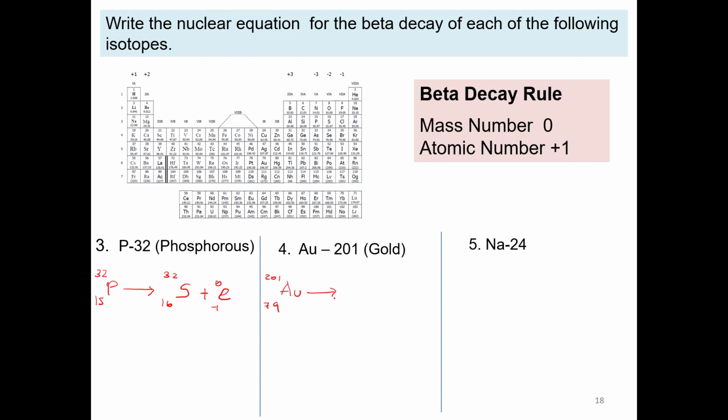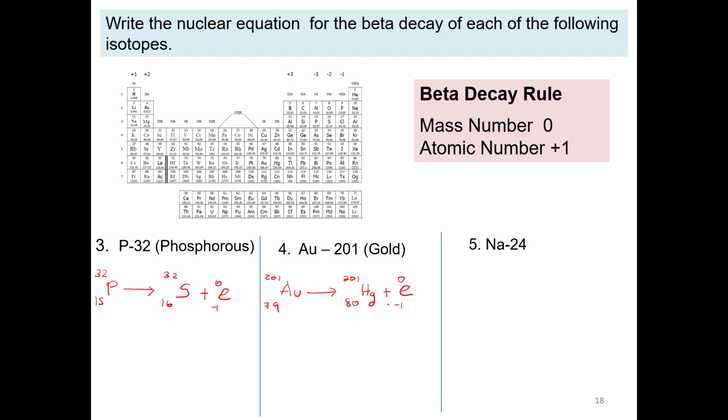If the beta decay occurs, the new isotope will have the same mass number, but the atomic number will be increased by 1, so we will have 80 here. And in the nuclear equation, we will have the beta particle. Then let's check what 80 is. It's mercury. And this is the nuclear equation.